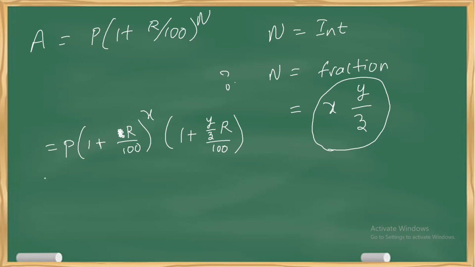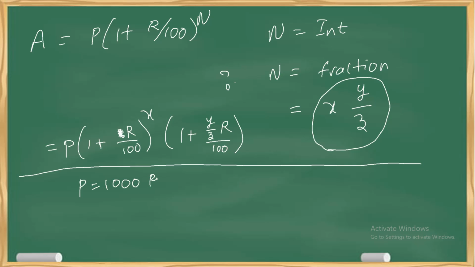Now I'll take an example. Principal amount is equal to some 1000 rupees, R is equal to some 20 percent, and time is equal to 8 by 3 years.